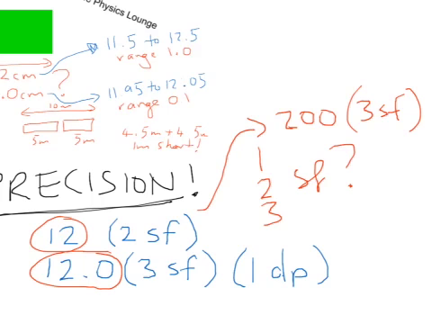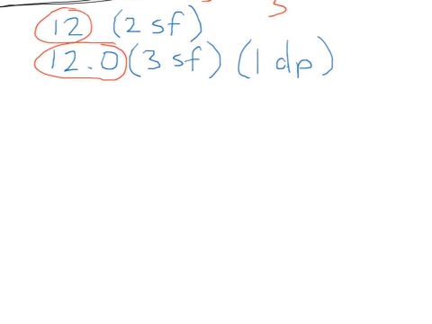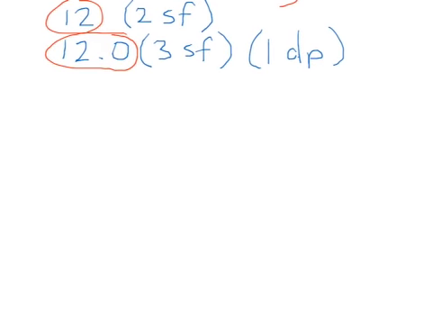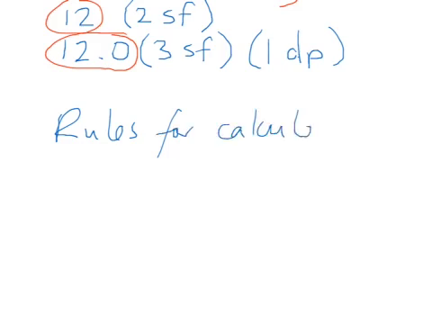When it comes to calculations, it can be a little bit tricky. I'm just going to give you two of the rules, and then if there's time I'll do an example. So the rules for calculations.